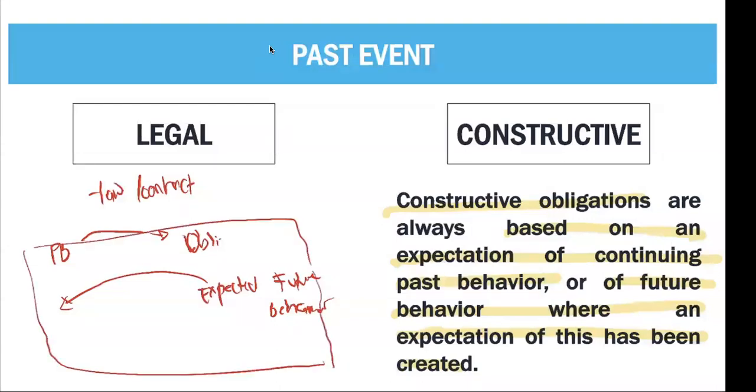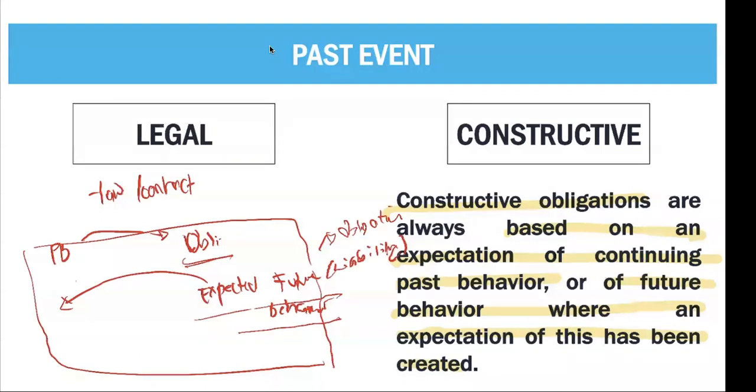There is a past behavior. Because of this past behavior, it creates now a constructive obligation to the minds of users. Or because of the past event, there is an expected future behavior which now creates your obligation or your liability. Okay.